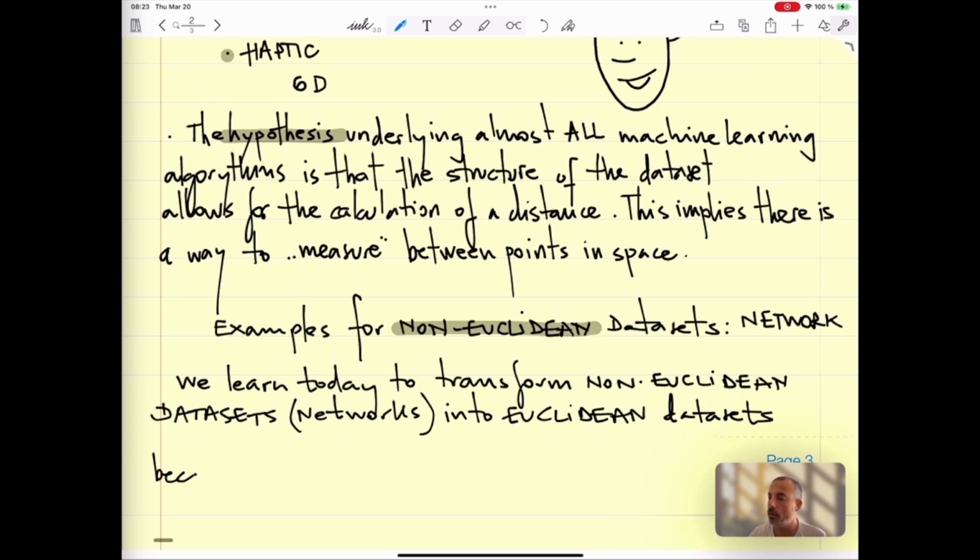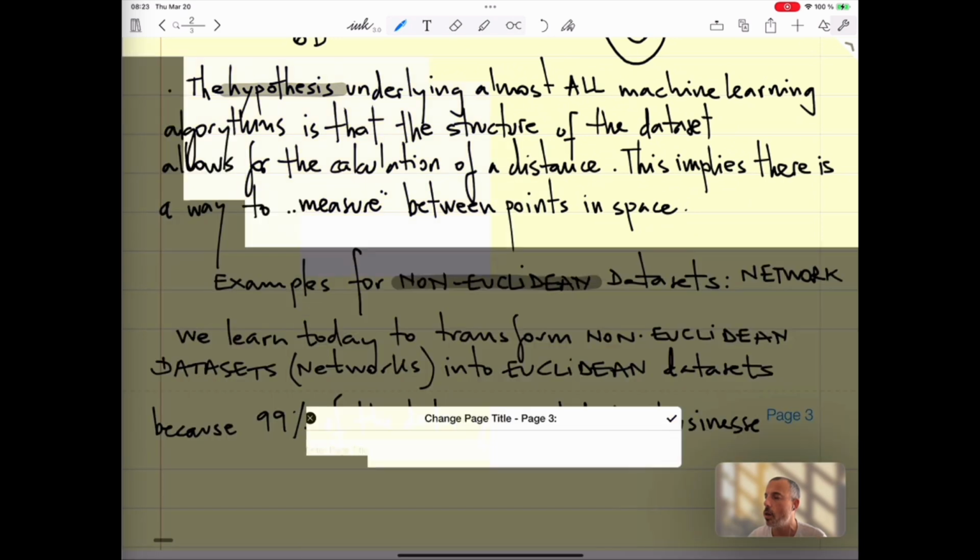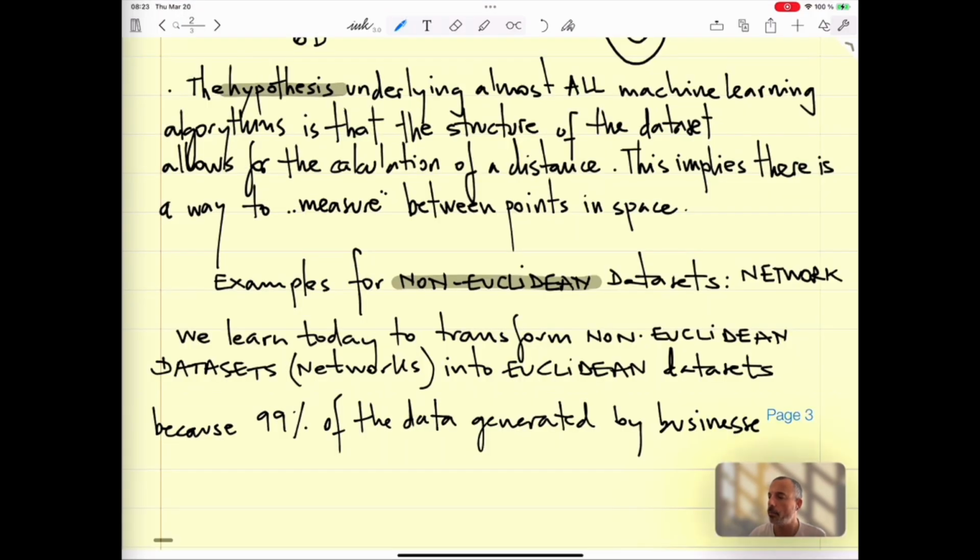Because 99% of the data generated by businesses is non-Euclidean.